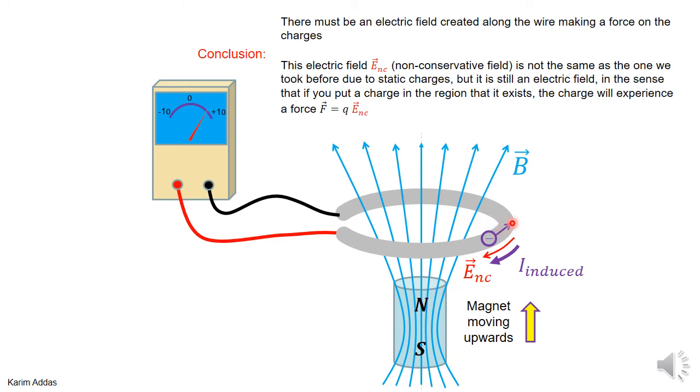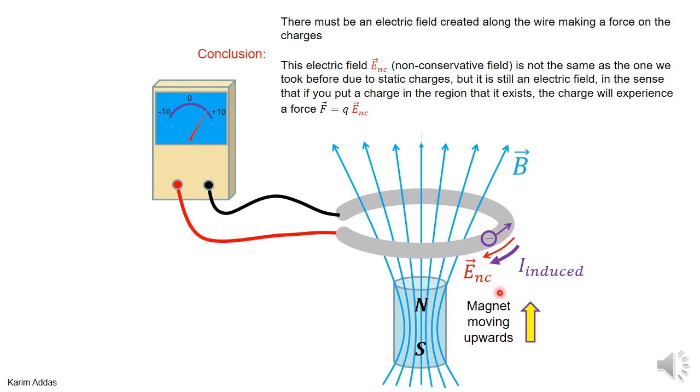So if we want the charge to move with the force this way, then the electric field will be this way. So it must be that there's some electric field induced in this wire going this direction, and this electric field, it's a new kind of electric field, and that's what's responsible for making the force on this charge.